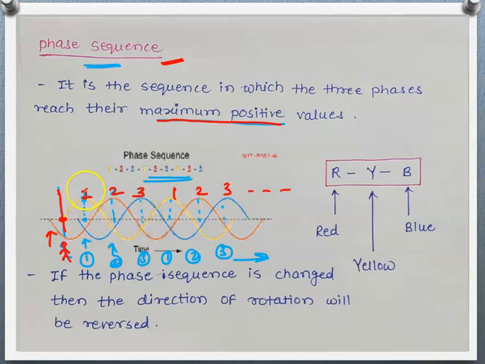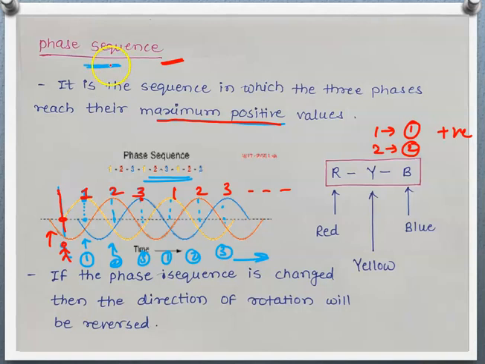That means first, then the second gets its maximum positive value. Then at the last, the third gets its positive maximum value. This is the sequence, and that sequence is known as the phase sequence of a three-phase supply.